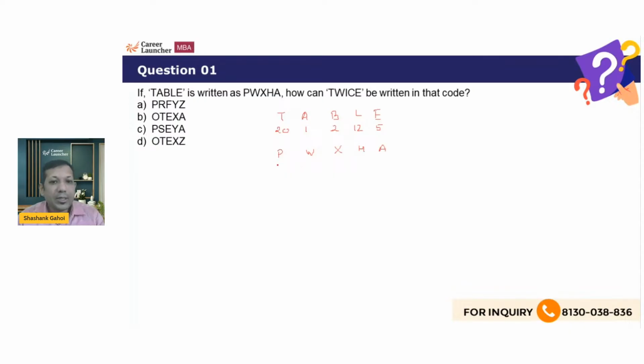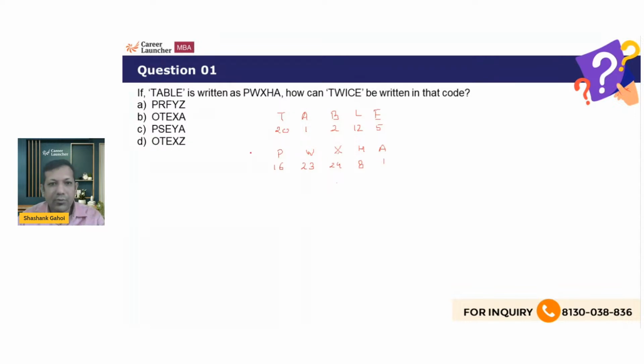Now, what is P? P is 16. What is W? W is 23. What is X? X is 24. What is H? H is going to be 8, and this is 5.